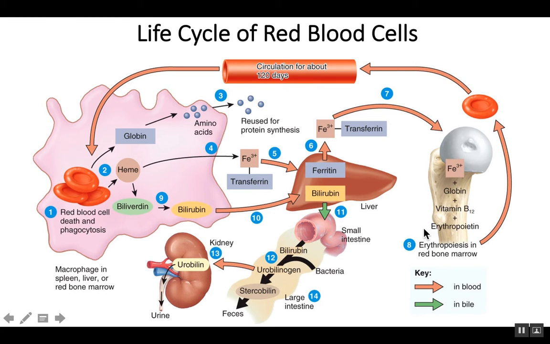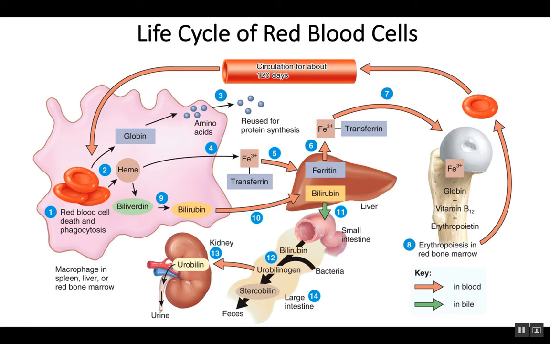This is the proximal end of the femur. This is the head of the femur. The reason they show that is there's a lot of bone marrow in that proximal end of the femur. And inside that bone marrow, there's a process called erythropoiesis, which is the formation of red blood cells.